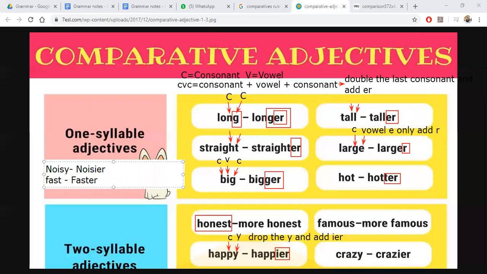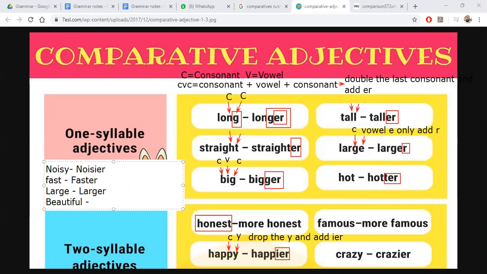Faster, faster. Excellent. We add ER because it's consonant, consonant. Excellent. What is the comparative of large? Very good. Larger, you're killing it.